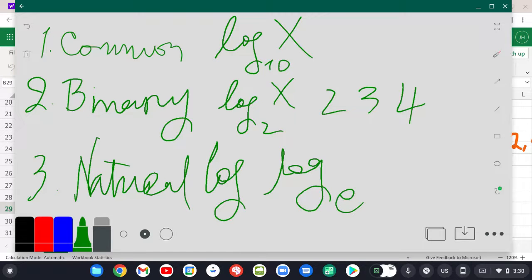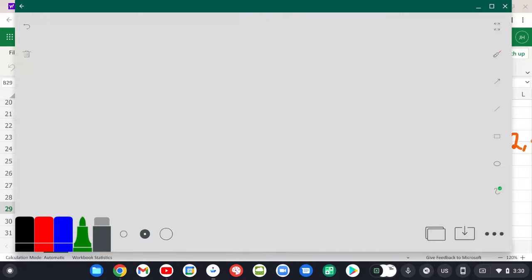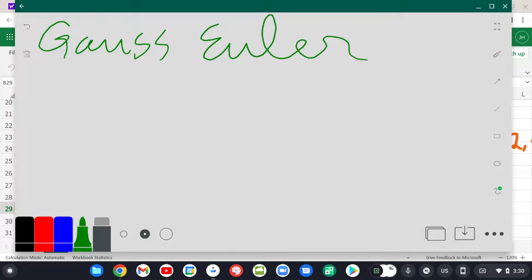But if I have to name two modern mathematicians that made a great impact on modern math and science, they are Gauss and Euler. They are both like Swiss Germans.